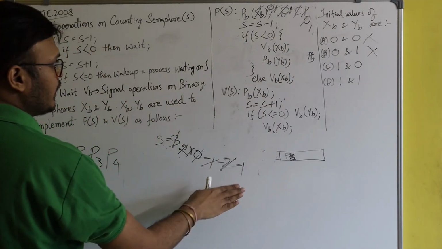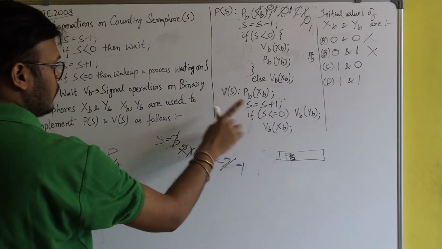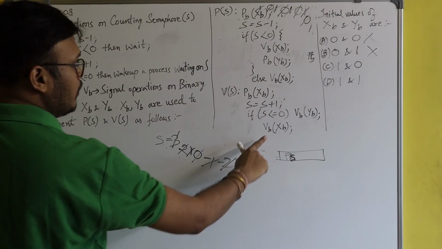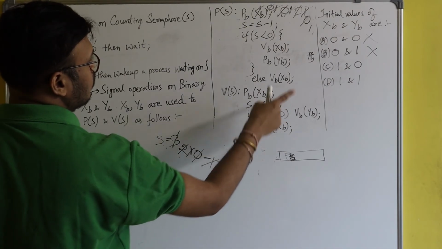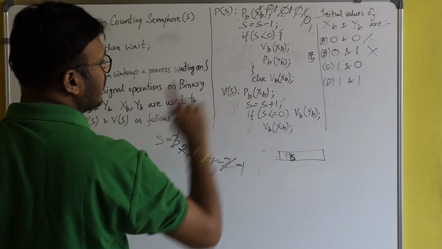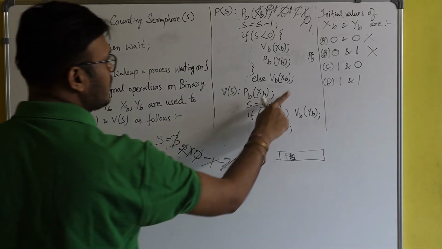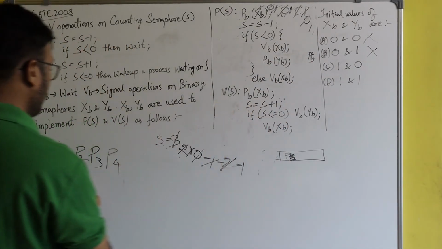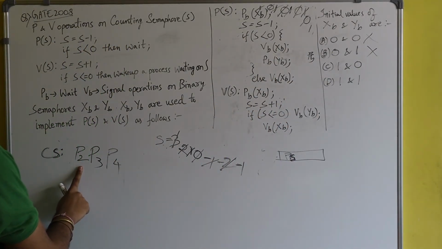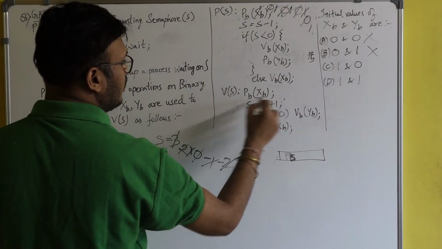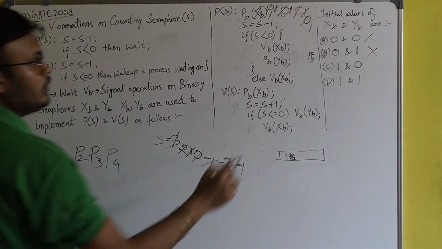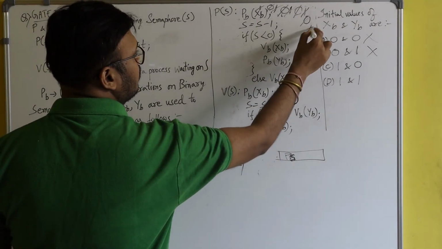Before leaving the critical section, it executed this code, VB of XB, so that the value of XB became 1. Since the value of XB has become 1, P2 will execute this exit section code, and the value of XB will become 0.